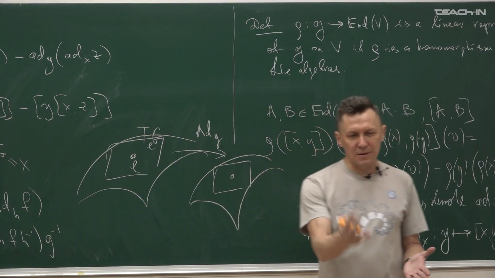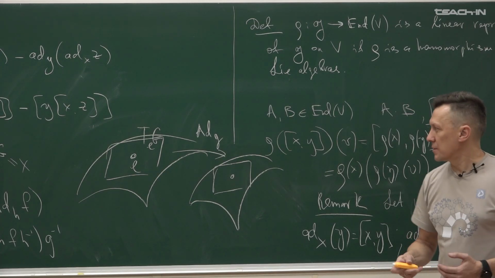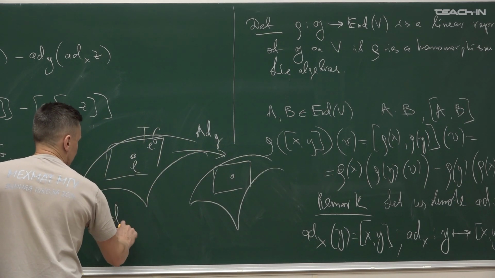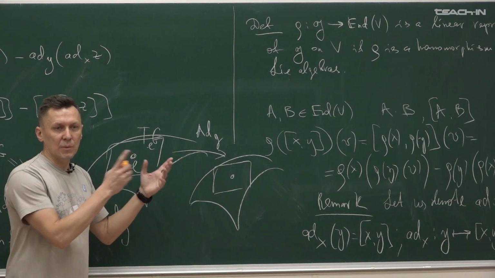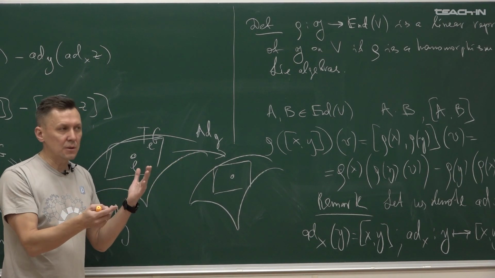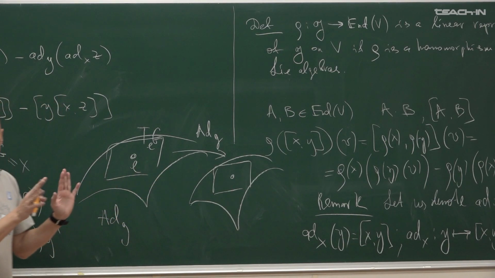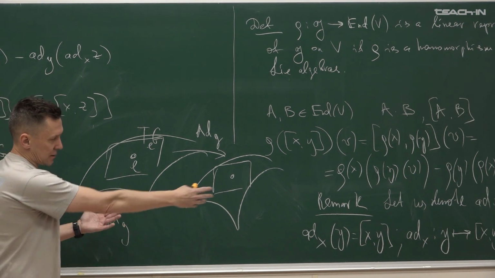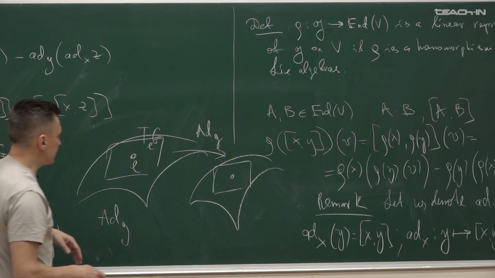If not, it's better that I comment all the words, because it's very simple, but maybe not evident. My statement is that this map Ad_g, for a fixed g, is a map from the group to itself, so it's an automorphism of our group. It is a diffeomorphism, and it is important, but firstly, it's a smooth map from our group to itself.